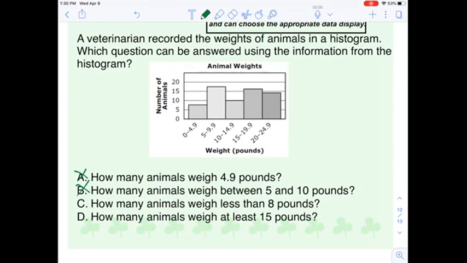How many animals weigh less than 8 pounds? Well, there's no specific 8 on our intervals, so we can't use that. And then, how many animals weigh at least 15 pounds? So 15 pounds or more. Well, we can answer that because we can tell how many animals weigh 15 to 24.9 pounds. So D would be our answer.